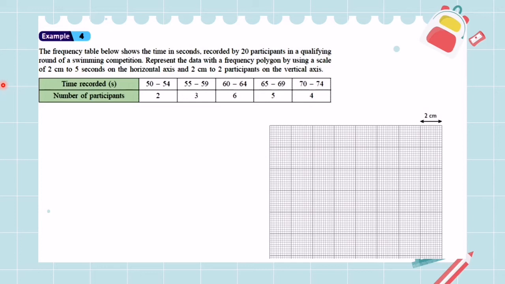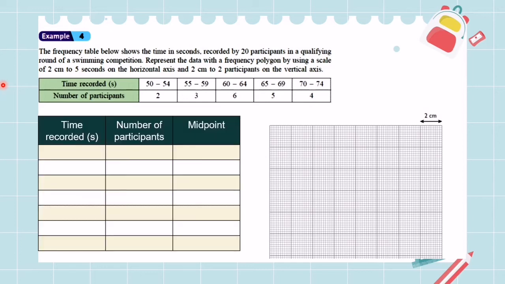Okay, so first thing, we construct the frequency table, and this time we need not draw the histogram. To construct the frequency polygon, you had better add a class interval with 0 frequency before the first class and after the last class.